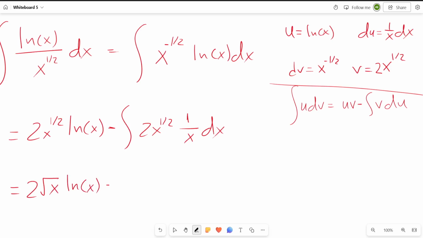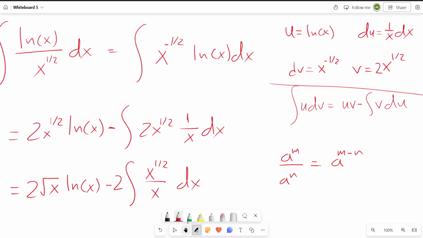2 root x ln of x minus, I'm going to bring this 2 outside, so it's going to be minus 2 integration of, this is basically x power half over x. And I know when I have a power m over a power n, this is basically equal to a power m minus n. So I can rewrite this whole thing. This is also dx, so I can rewrite this fraction as x to the power of half minus 1.